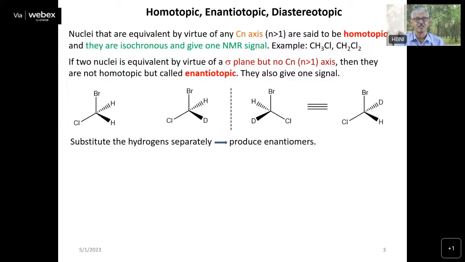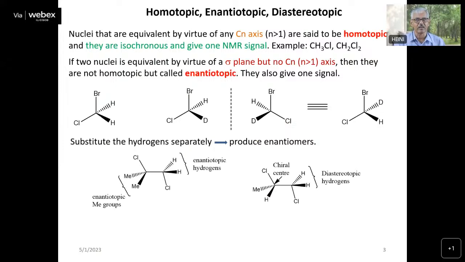You can see this chlorobromomethane: those two hydrogens are enantiotopic. How do you check whether they are enantiotopic or not? You replace one of them and you get one enantiomer. If you replace the other hydrogen, let us say even with deuterium, you get the other enantiomer. That's why they are called enantiotopic.